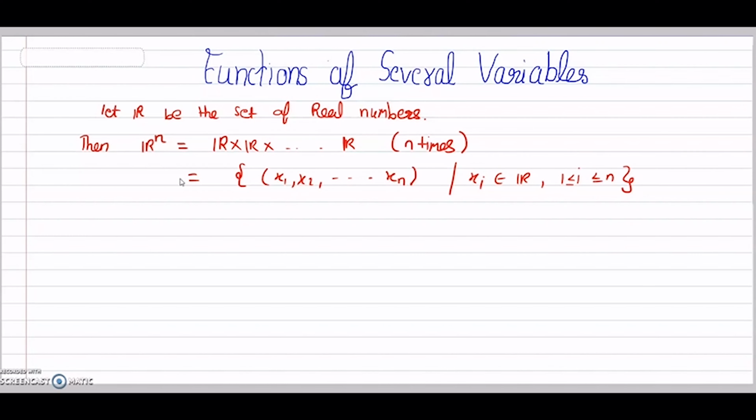ठीक है, so let S be a subset of R^n, then f is a function from S to R which is called a real valued function of n variables.